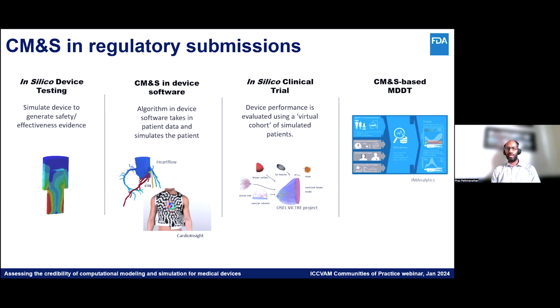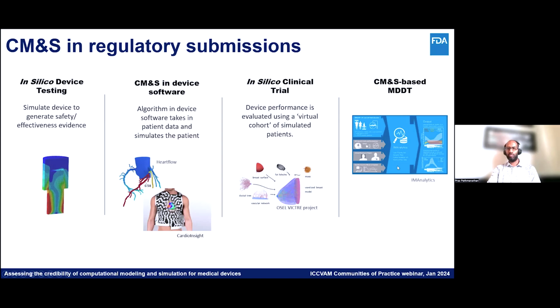Basically it's where instead of having just a model of the device, you have a model of the device plus a range of models of patients spanning the indicated patient population, and you can test the device across all of those patients and in some way replicate the real clinical trial. That's why it's called in silico clinical trial. A lot of work in this area, but a lot of questions need to be addressed before these kinds of things could be used on a large scale.